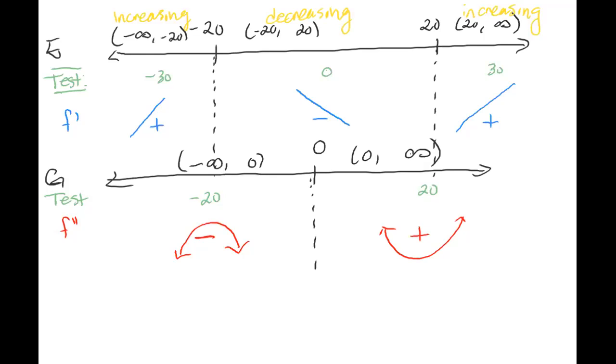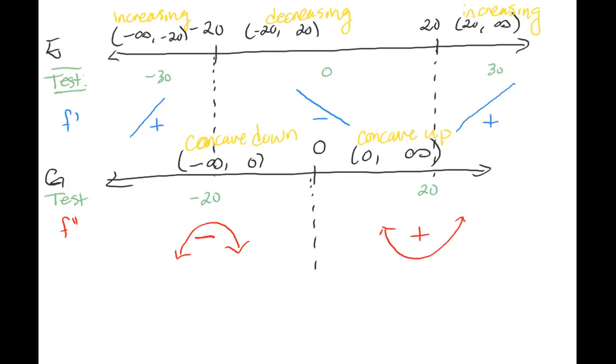As for part G, for concavity, the graph is concave down in the entire interval from negative infinity to 0, and it is concave up in the entire interval from 0 to infinity, because 0 is the only location where the graph can change concavity.